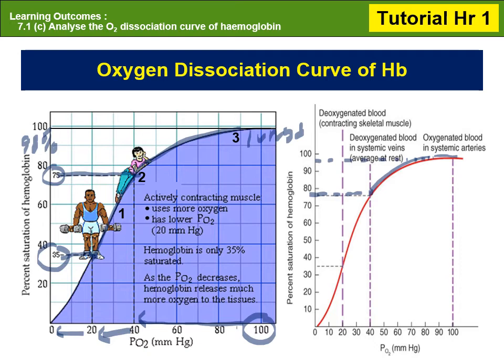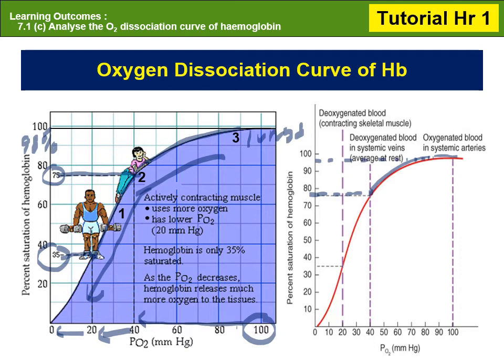Okay, so here the curve is displaced to the right. Kalian lihat dia bergerak to the right. The more the curve is displaced to the right, the less readily the hemoglobin picks up oxygen, or the more easily it releases oxygen.